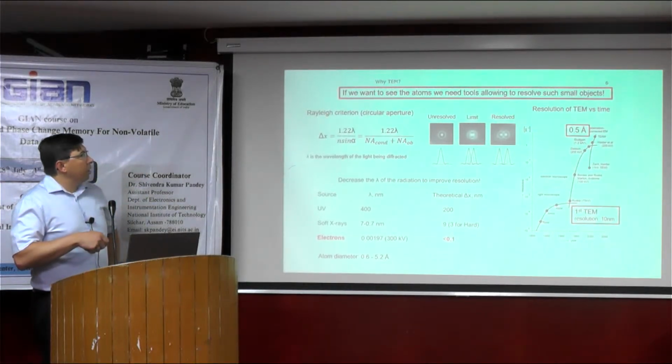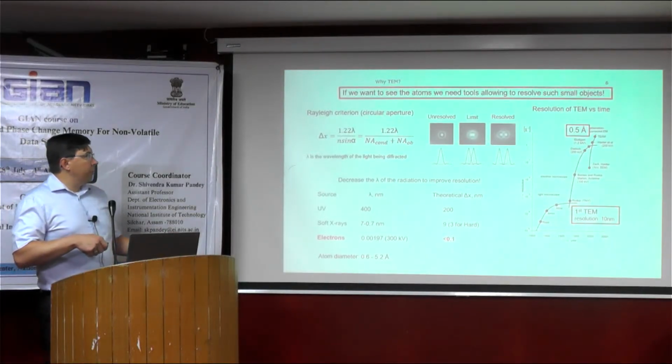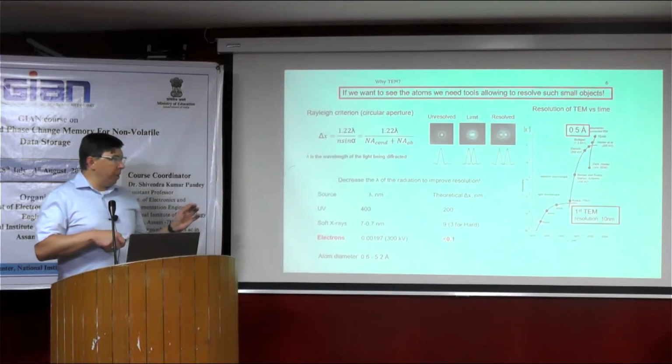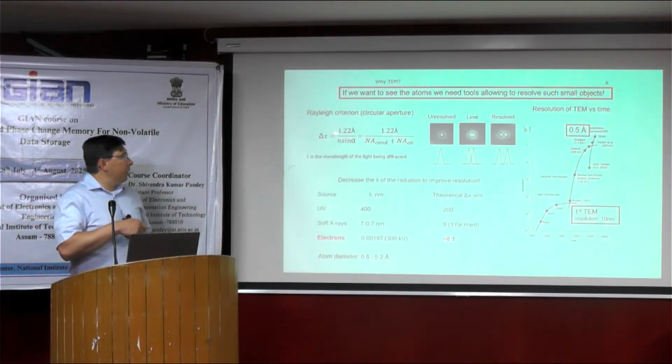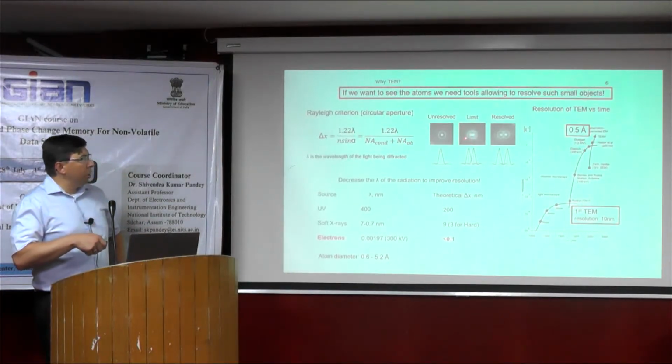We can consider different cases. One is the unresolved case: if two objects are closely spaced and our system does not allow us to resolve them, we get one point, one intensity. This is the Rayleigh criterion limit, which allows us to resolve closely spaced objects, and in this case we are talking about resolved objects.